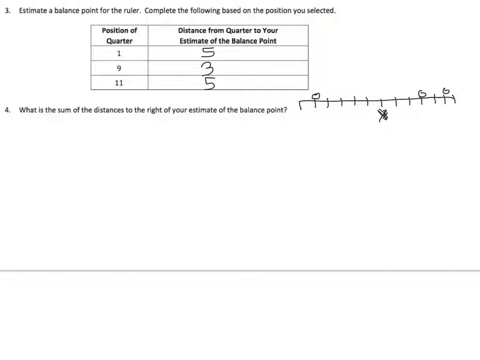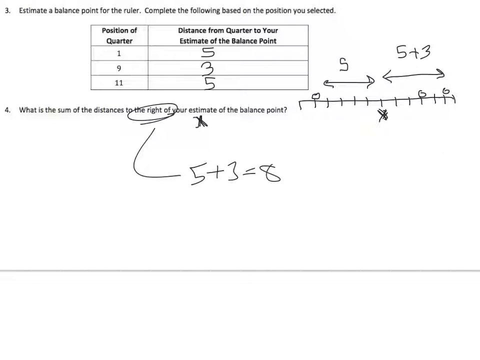On the right side, that was the left side, the sum of my distances is 5. On the right side, which is what it's asking, it was 5 plus 3. So to the right side of your estimate, which is my X, it's 5 plus 3, which is 8, right? Okay, the next page on my slide is going to ask what is the sum of the distances.